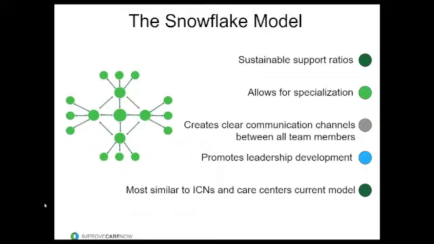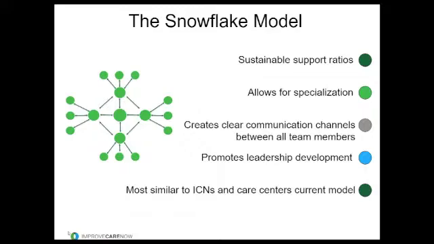So there's different people who can get really good at different things and just split up and do very well in their area. And as we can see, there's arrows pointing in multiple different directions, showing that there's good communication between everyone, allowing for things to get done and everyone to be in the loop. And again, because of that, that promotes leadership development. People can get experience doing multiple different types of things in the group and eventually become leaders.